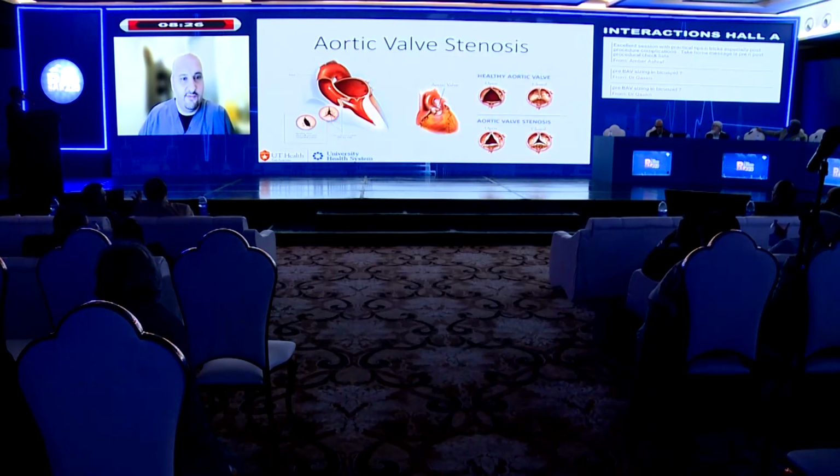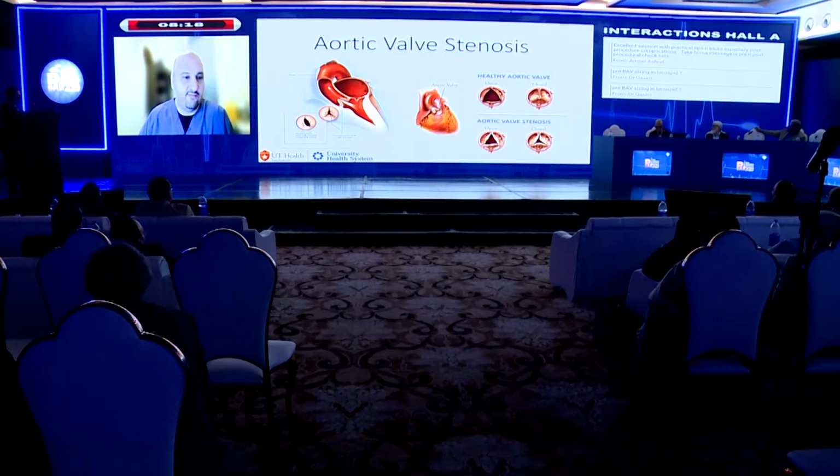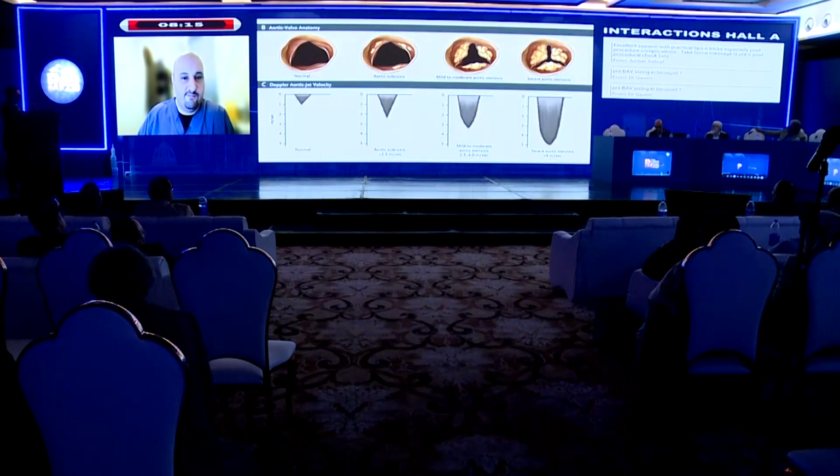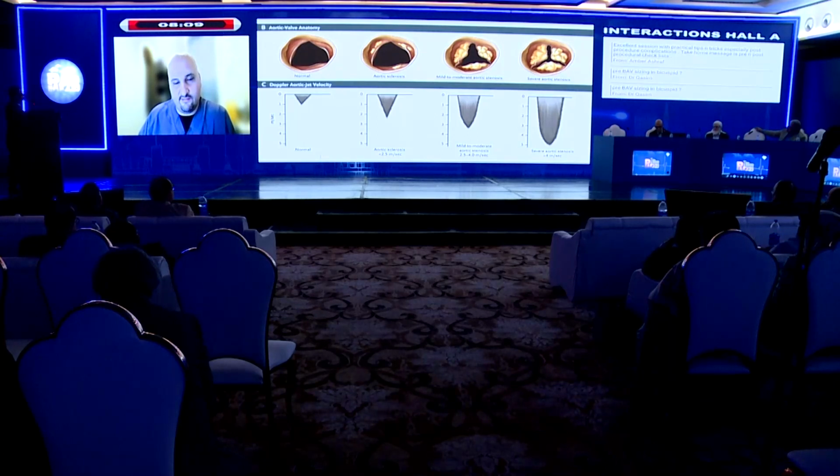So as you know, we're going to focus first on aortic stenosis. I'm going to touch a little bit on aortic regurgitation toward the end, on what data we have available. But aortic stenosis is a disease you're all familiar with. We're talking here about tri-leaflet calcific aortic stenosis.